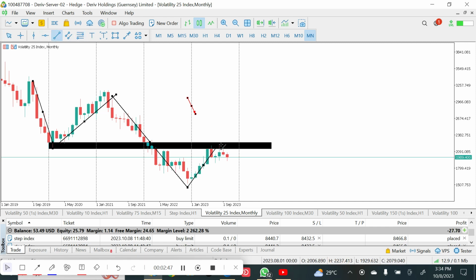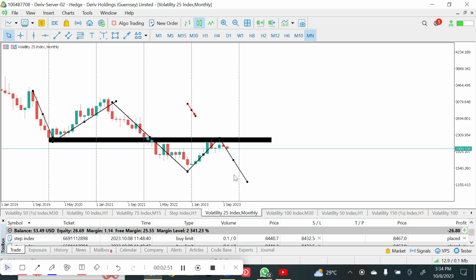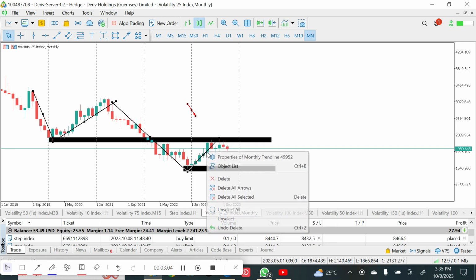So what are we waiting for? We are waiting for a long sell, which will be an impulsive move to break this low, this support at this point. That is what we are anticipating on this asset.